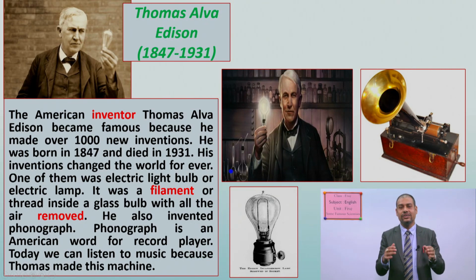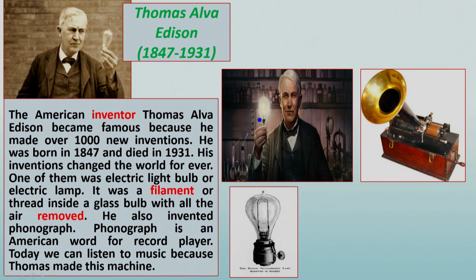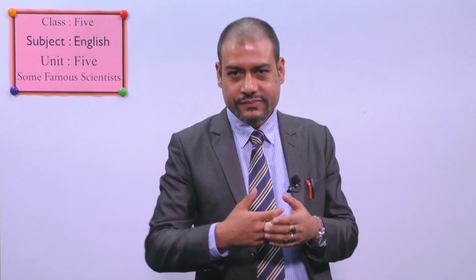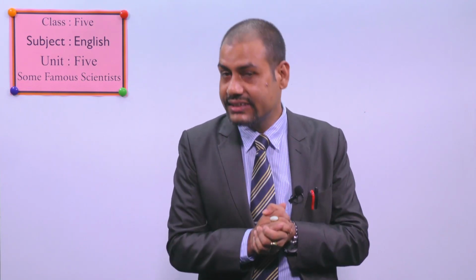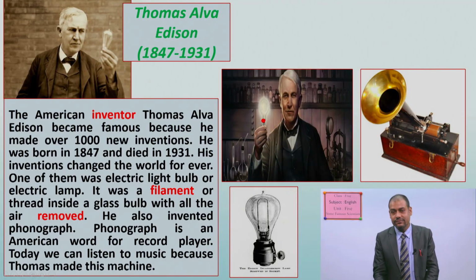See, nowadays, you people don't feel darkness at night also because we have light. See, this bulb was invented by Thomas Alva Edison. That is why nowadays, every time we can make light. Every time we can make a day type of time, because at night, if we light this bulb, then we can get light, okay?